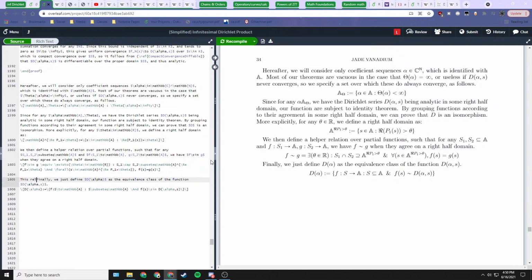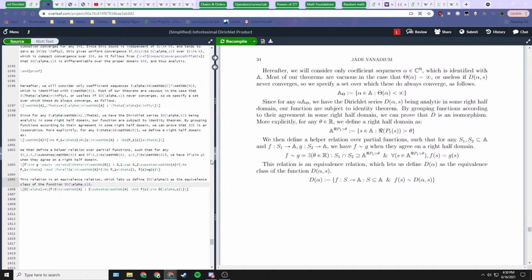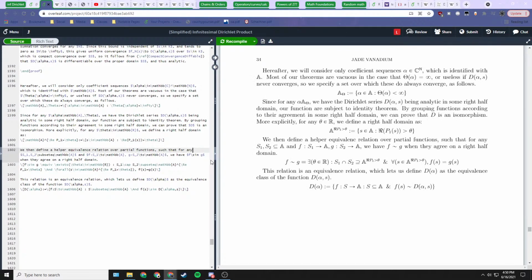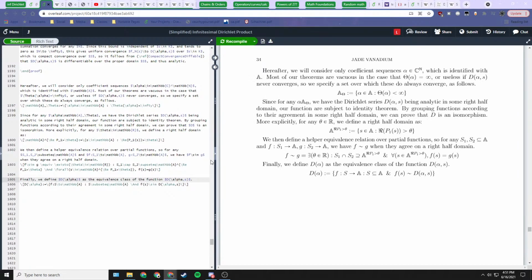So this relation is an equivalence relation, which lets us define D alpha as the equivalence class of the function D alpha S. So this is what D of alpha is.